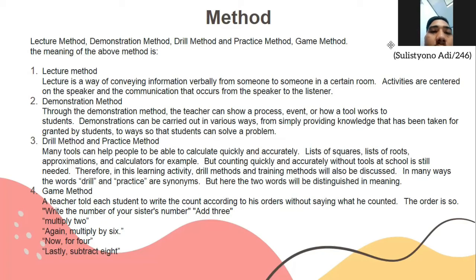Many tools can help people to be able to calculate quickly and accurately: list of squares, list of roots, approximation, and calculator, for example. But counting quickly and accurately without tools is still needed at school.